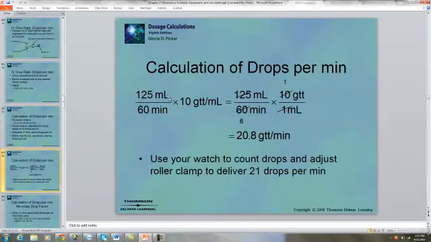The order was 125 milliliters in an hour, which is 60 minutes, times 10 drops per milliliter. And so the milliliters cancel out, and then you get 20.8 drops per minute. So you use your watch to count drops and adjust the roller clamp so that you deliver 21 drops per minute.